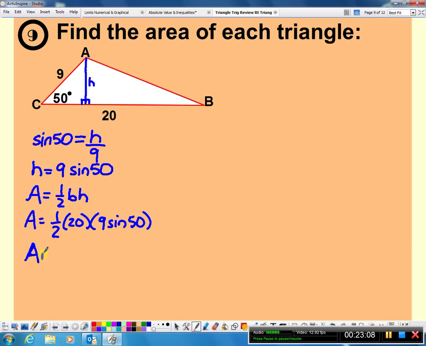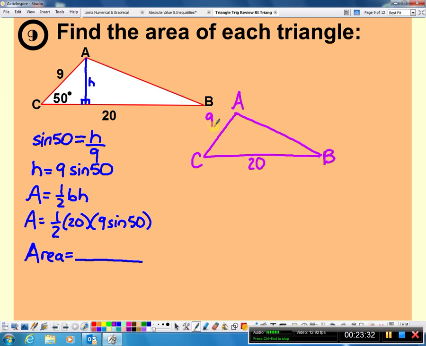Let me show you a different way that you can look at this so that you don't have to drop the height and do all that separately. If you look at what I gave you without adding extra labels, I have 20, 9 and 50. The first thing for you to notice is that you're given the information in the order side, angle, side. If you ever have side angle side, then this new area formula works well for you. So the area equals 1/2.